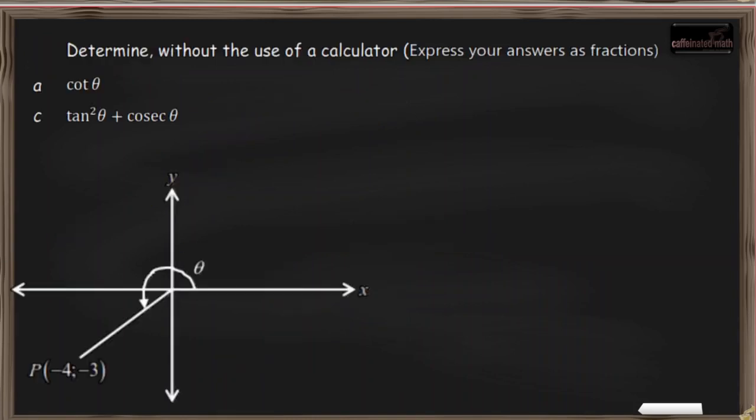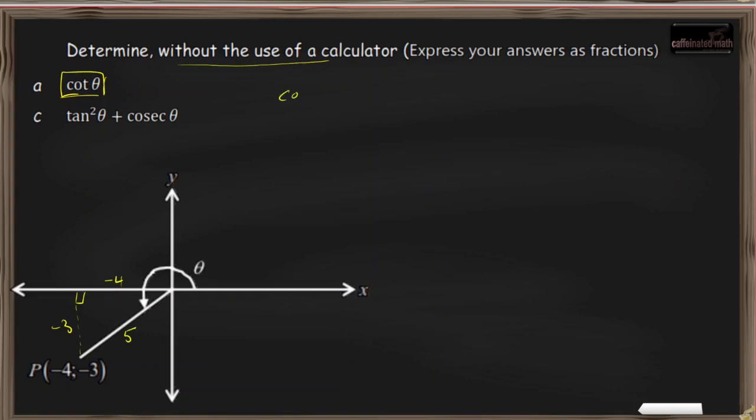Well, first things first, without the use of a calculator, they want the value of cotan of theta. What did we say? That's -3 and that's -4. That is 5.